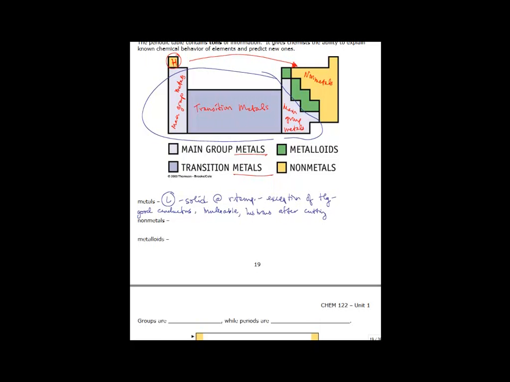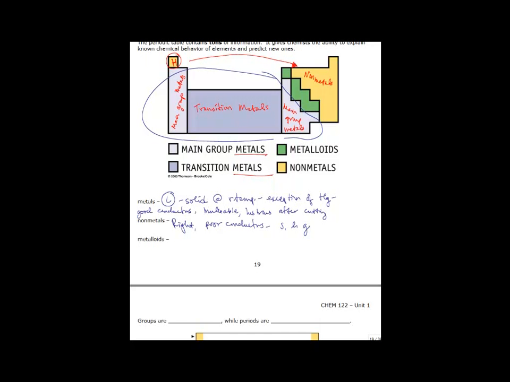So nonmetals are on the right. These are poor conductors, and you can find them in all different states. If you look at the colors on your periodic table on the right, you have red, black, and blue. So there are solids, liquids, and gases.